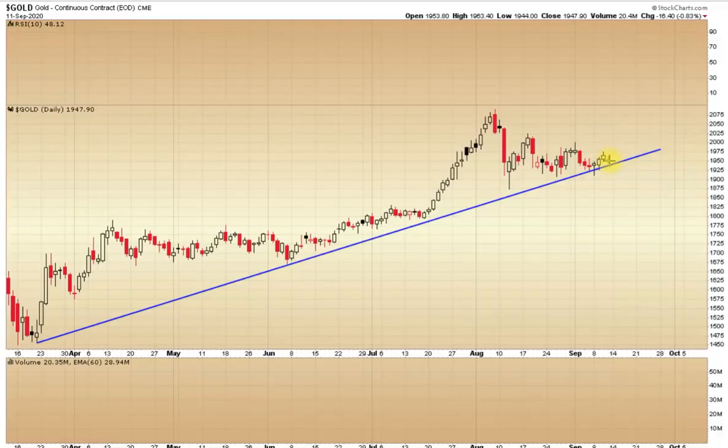And I suspect that's going to be the driver to eventually break down out of these multiple tests. At some point here, we'll get a move back below 1923 that sticks and doesn't recover. And then at that point, I think we probably get a violent breakdown from this and come back down and test this consolidation zone.